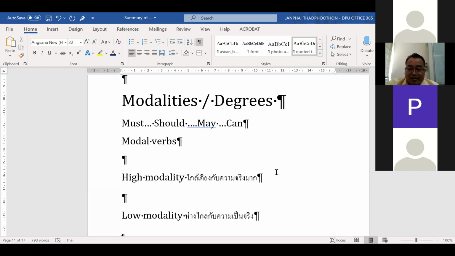In semiotics, you will call this high in modality. Okay, the icon is high in modality because it's very close to reality. If you are here in front of me like Natcha and Jotika and Ponpipat, you will see me in flesh.